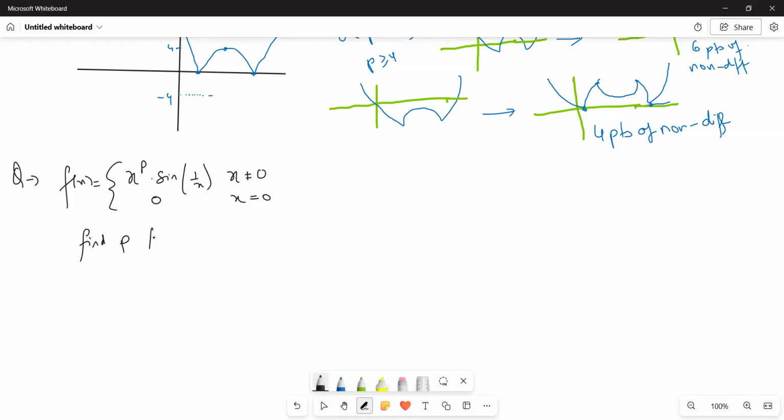Find p for f to be continuous. In the first case continuous, in the second case differentiable. What should be the value of p for f to be continuous and to be differentiable?